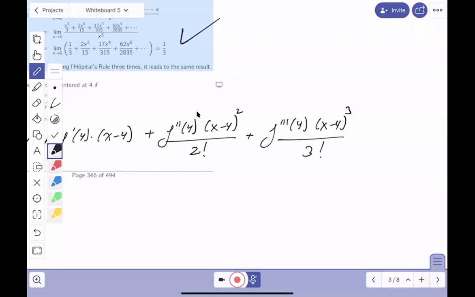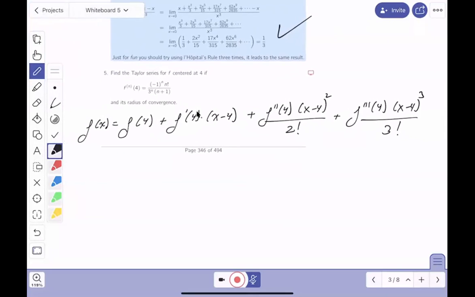All right, now the question is, how could you do that? Well, they give it to you. It's right over here. I want to point out what that n means. If I put down f^(0) at 4, the n is 0 in the problem. So what do you get?